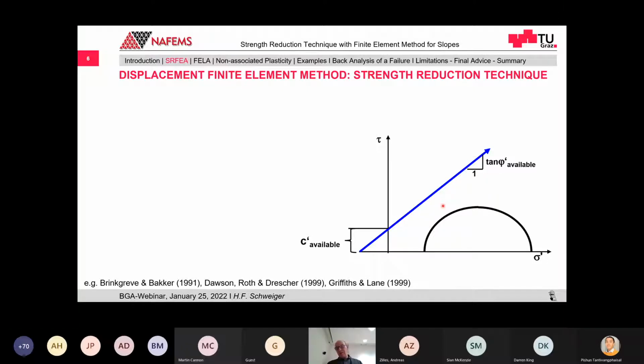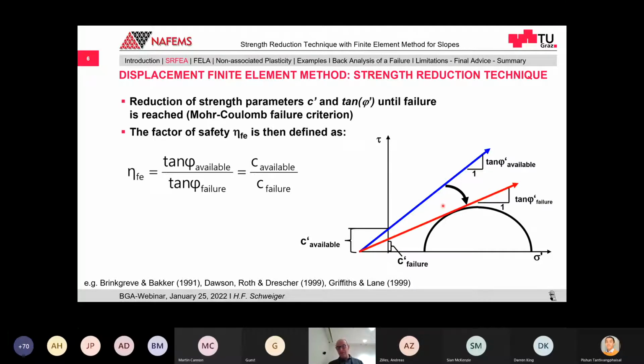Now, when you switch to a strength reduction analysis, or a safety analysis if you want, then the code does nothing else than just reducing the effective cohesion and the effective friction angle step by step until equilibrium cannot be achieved in the numerical analysis anymore.